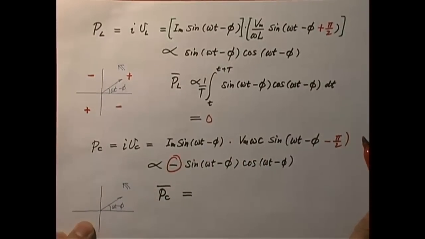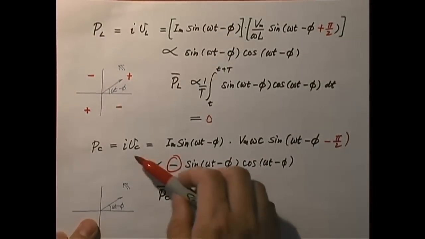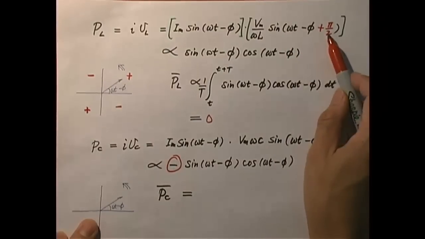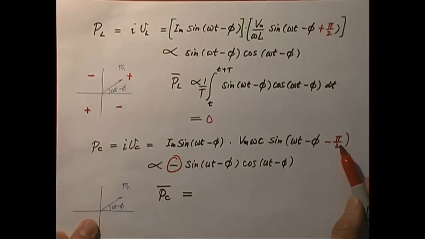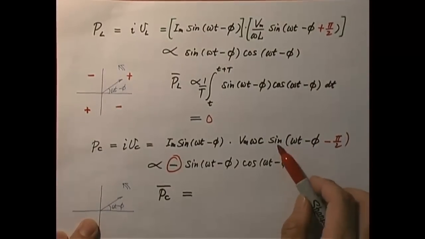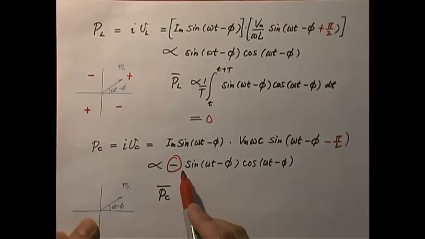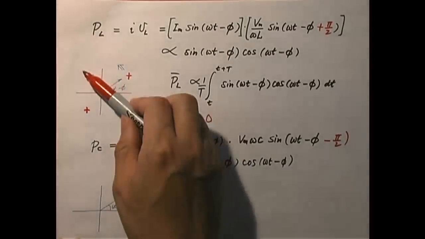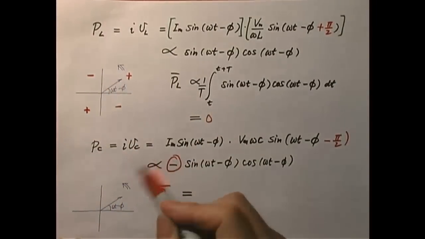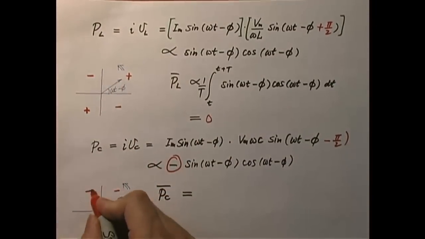Now, similarly, for the capacitor, the power consumption of the capacitor is I times Vc, and here's I, here's Vc. And you notice there's a subtle difference between Vc and VL. Instead of plus pi over 2, you have minus pi over 2. So sine of theta minus pi over 2 is the same as negative cosine theta. So now you still have a sine and cosine product, except you have an extra negative sign. So instead of plus minus, I now have minus plus.